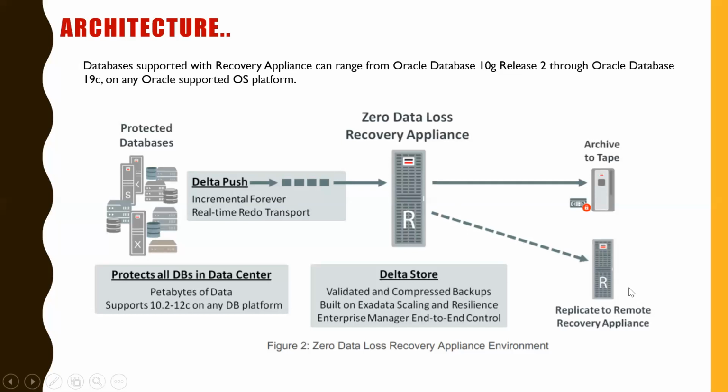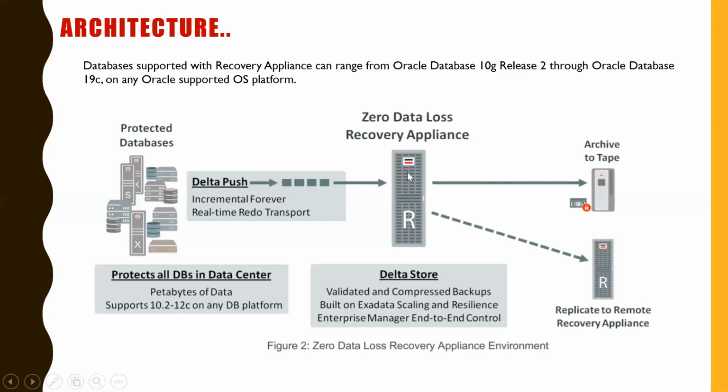Generally, we do have this replication setup to ensure high availability, and we can also move some of the backups to tape to have utmost security. We can configure OSB and configure the tape backups.